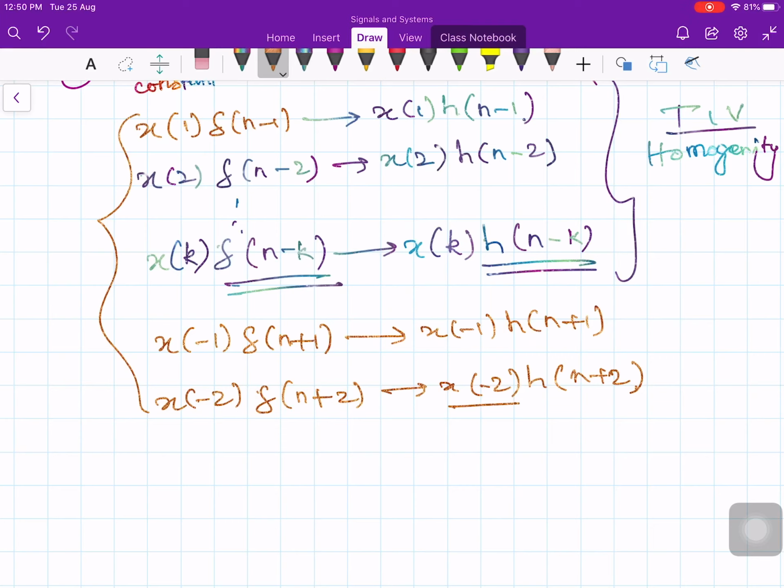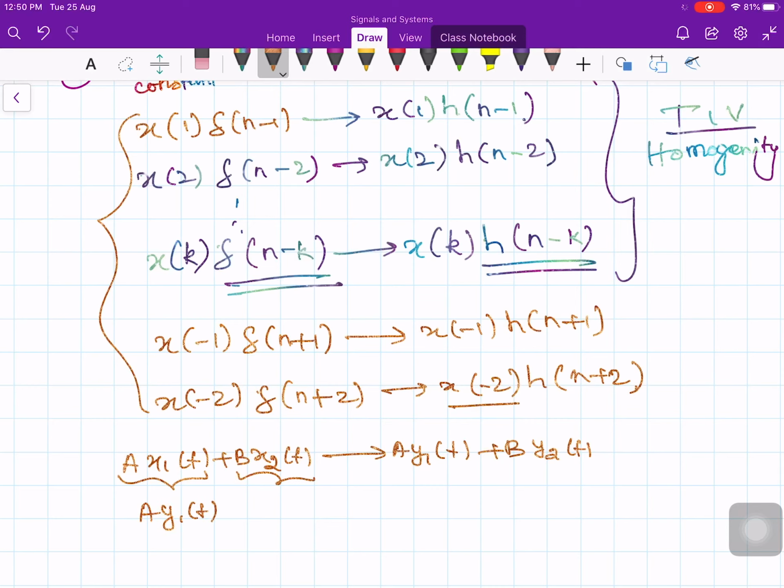Your superposition principle says a times x1 of t plus b times x2 of t gives rise to a times y1 of t plus b times y2 of t. See, a times x1 of t individually gives a response of a times y1 of t. This individually gives a response of b times y2 of t. Now if you add the input, that will be equal to the summation of the output.